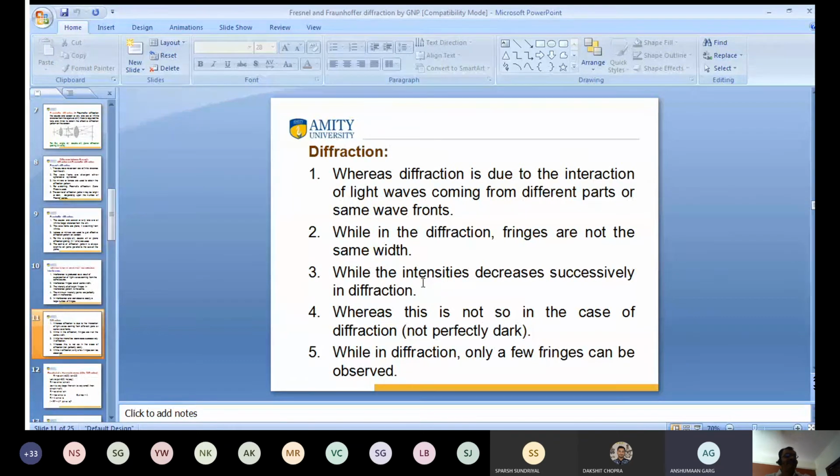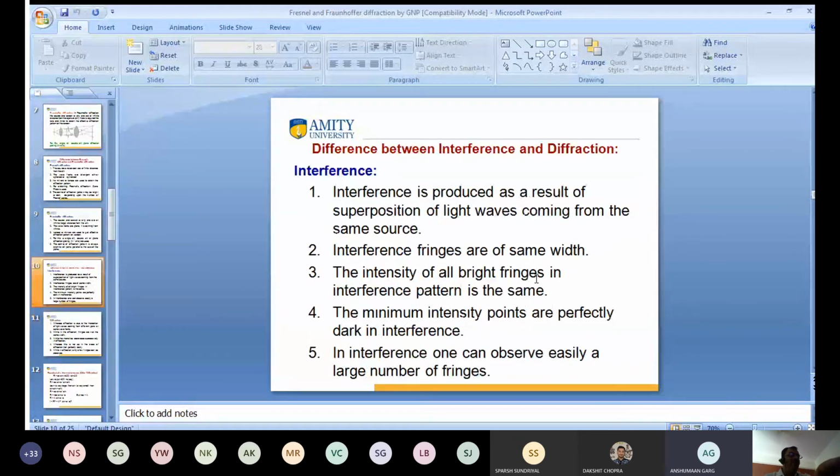This is the third difference. Again, fourth difference: the minimum intensity points are perfectly dark in interference. In interference we get dark and bright fringes, and the dark fringes will be perfectly dark, but in the diffraction pattern, this is not so.